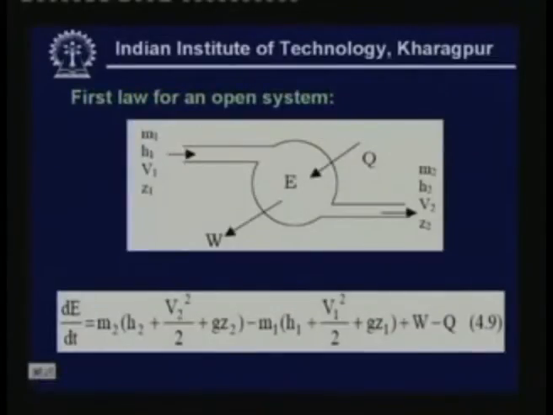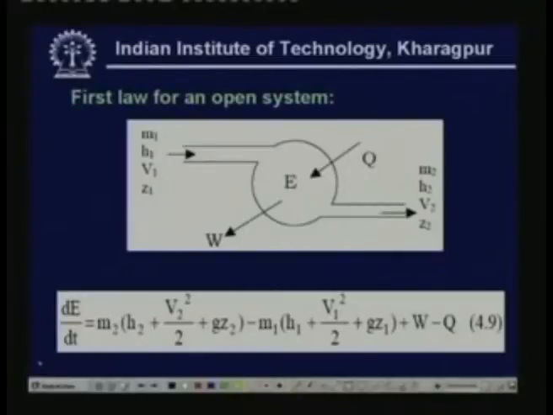Now this figure shows the first law of thermodynamics for an open system. Here we have a control volume, and I have shown the control surface or boundary of the control volume, and to this control volume m1 amount of mass is entering.